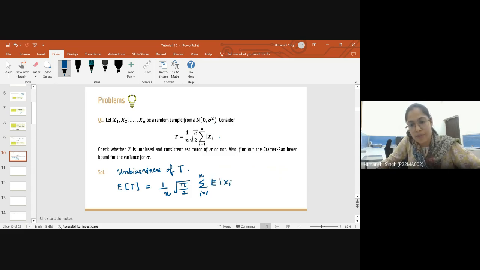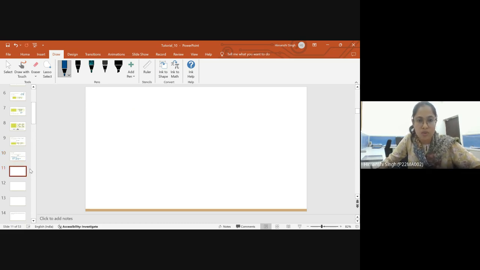Now each xi is normal 0 comma sigma square, so we just need to find out the expected value of xi, or I can say the expected value of mod x if x is normal 0 comma sigma square. So let x follow normal 0 comma sigma square, then what will be the expected value of mod x?